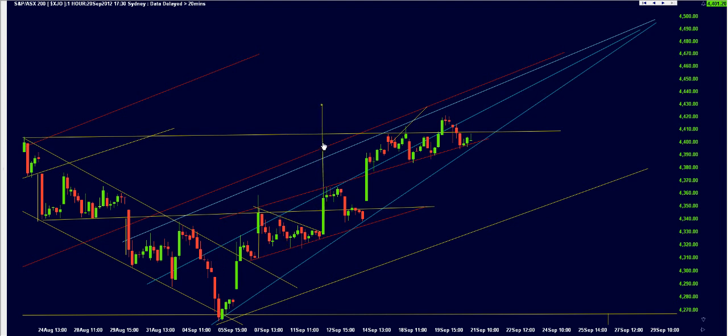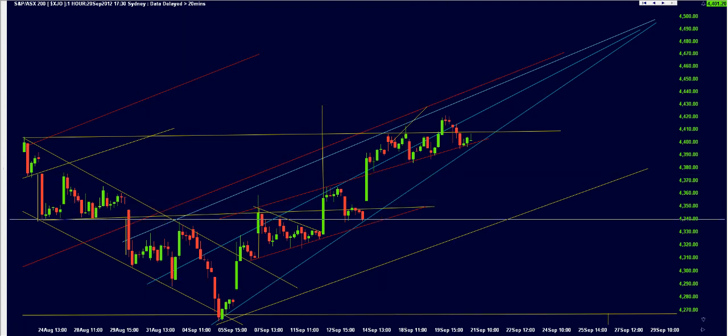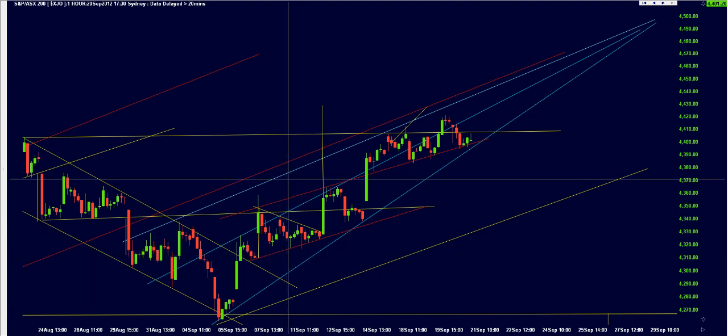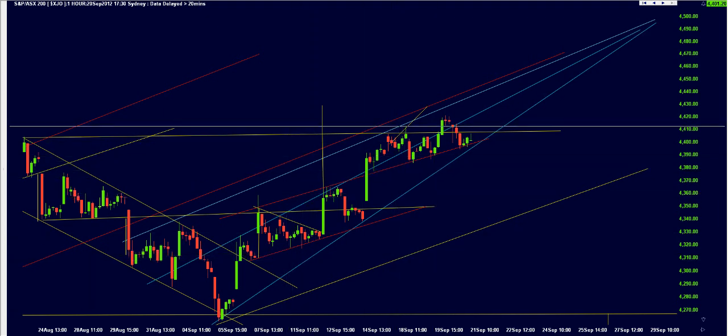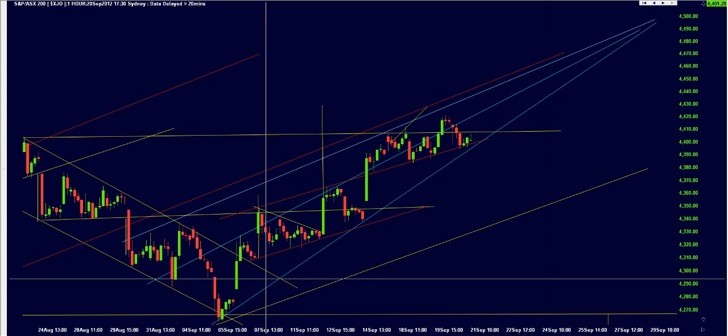You can see that the market has a target of up to this area, and inverted head and shoulders patterns usually, not all the time, but a lot of the time, play out as rising wedge patterns when they start to head on up. So that is an interesting thing about inverted head and shoulders patterns.